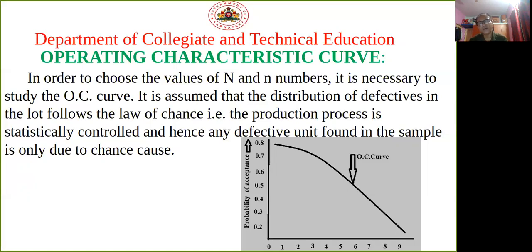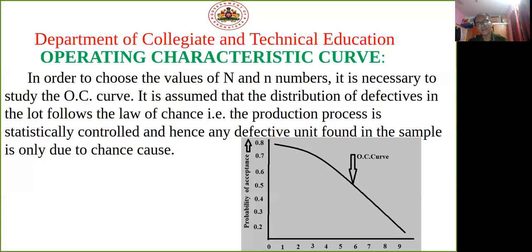Apart from these two things, capital N and small n, the lot size and the sample size, one of the disadvantages of acceptance sampling is the risk. There will be a risk for the customer and a risk for the producer.